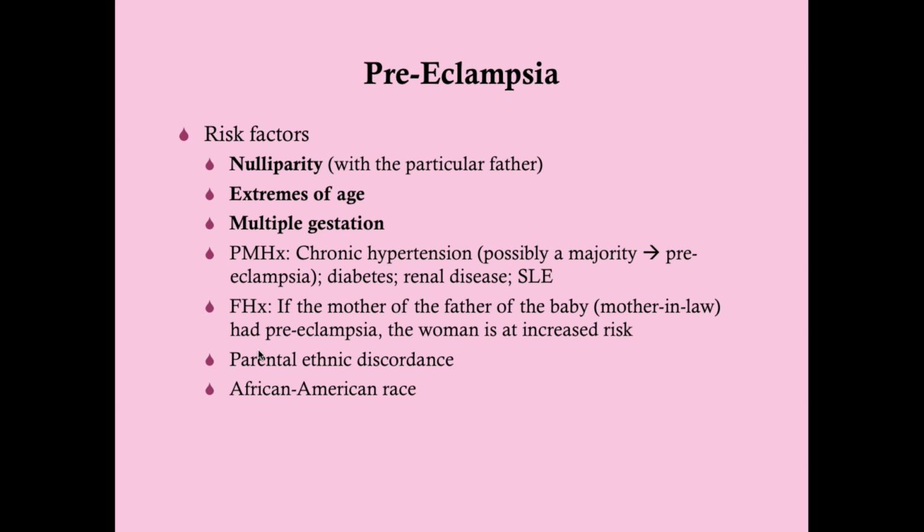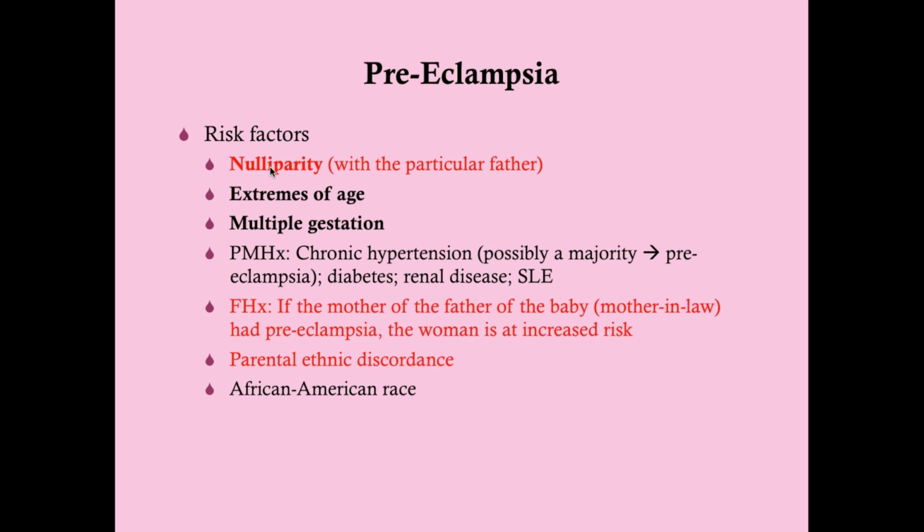And then this is another interesting thing. If there is discordance between the ethnicity of the parents, so you have a white mom and a black dad, or a Hispanic dad and an Asian mom, that is a risk factor for preeclampsia. And then African Americans tend to be at higher risk in general compared to other races. Okay?